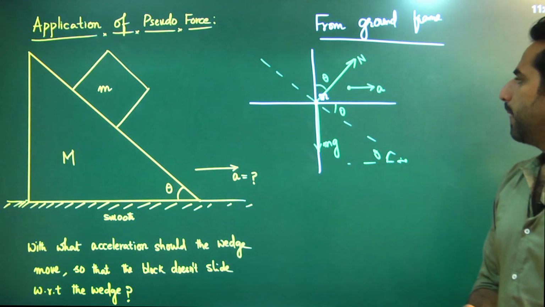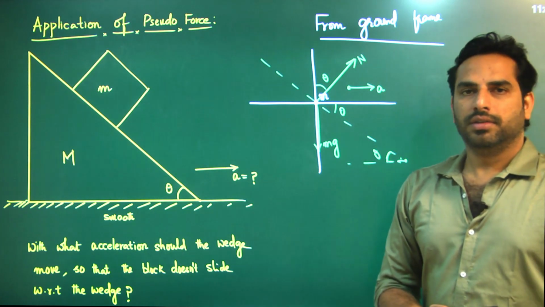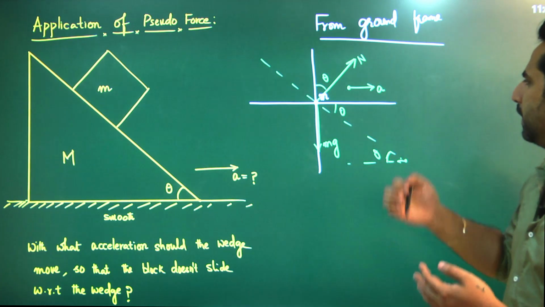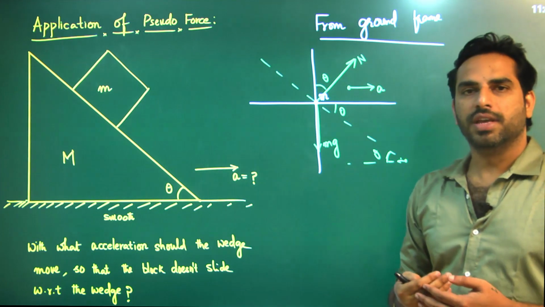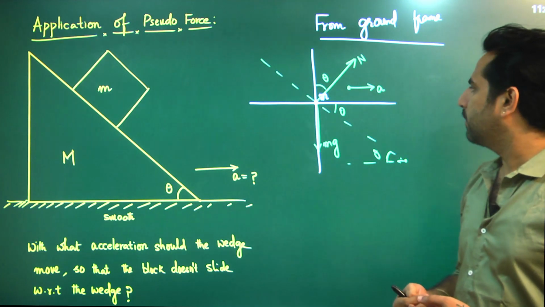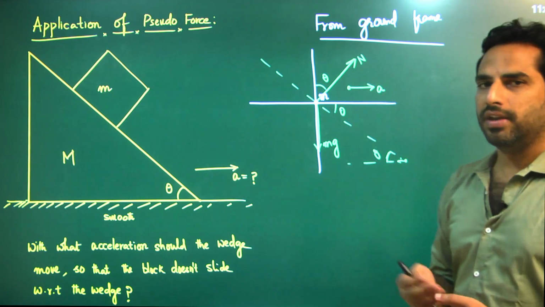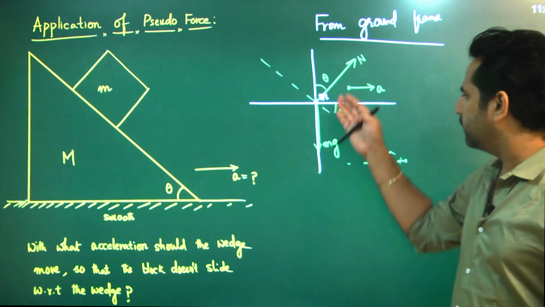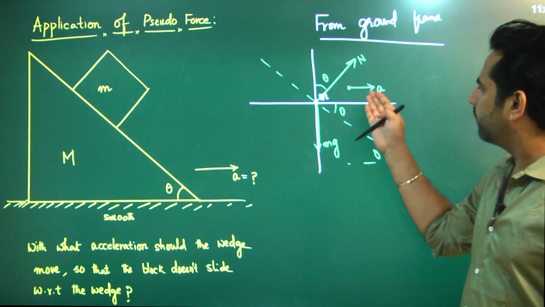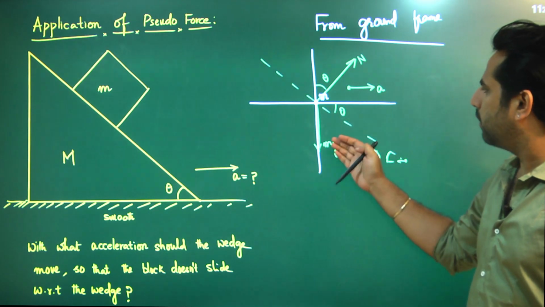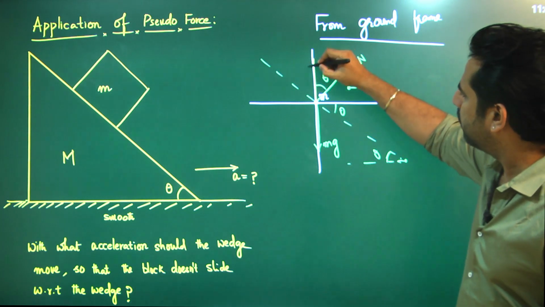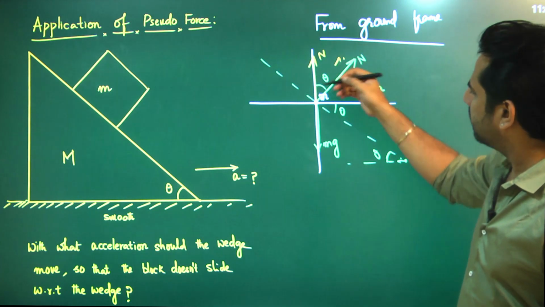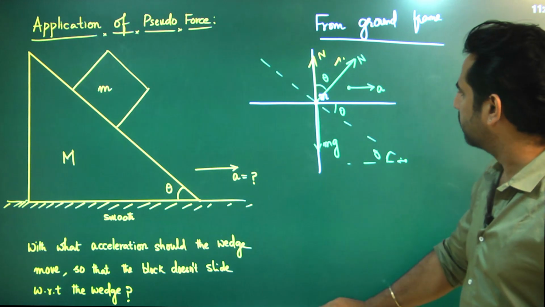Now resolving the forces. As discussed in an earlier video on free body diagrams, it is always the force inclined with the line of acceleration that should be resolved. mg is already perpendicular to the acceleration, so you don't have to resolve it. The normal force is at some angle with the acceleration, so resolve it along and perpendicular to the line of acceleration.